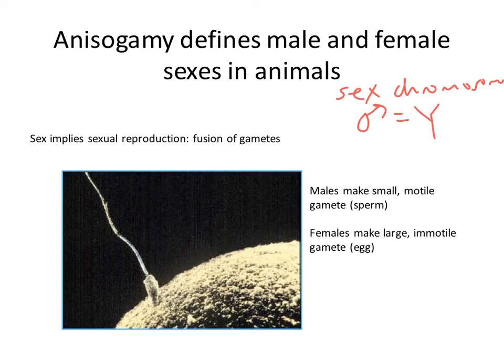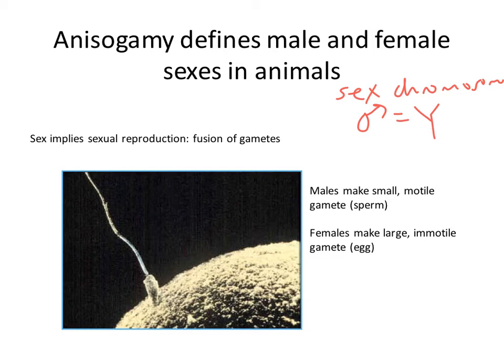It's the type of gamete that they produce. So you produce a small motile gamete, one that moves, like males produce flagellated sperm. That's how we define who's a male. It's one of many definitions, but it's the most basic definition in biology. And the individuals that make the large immotile gametes that the other gametes try to migrate toward, we define as females.